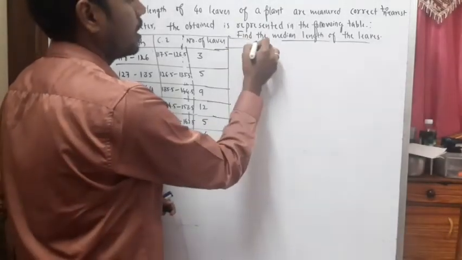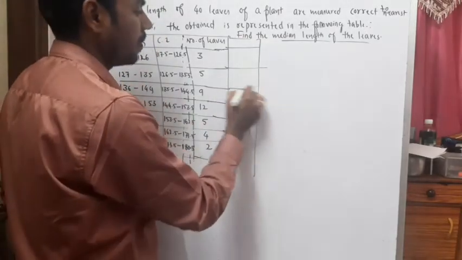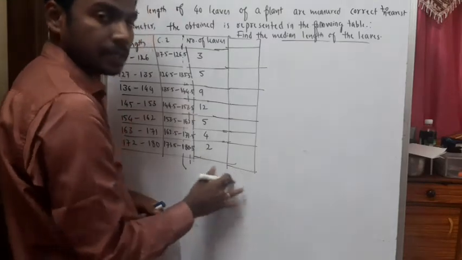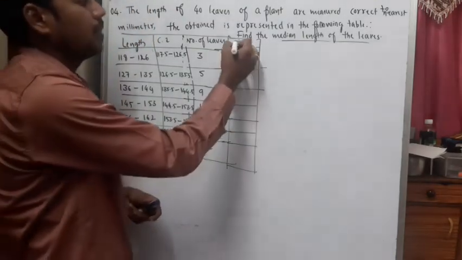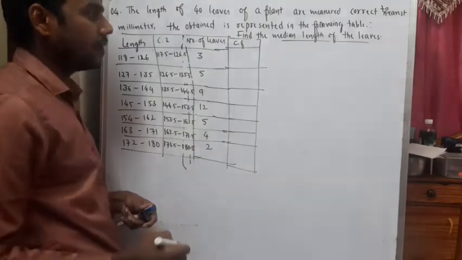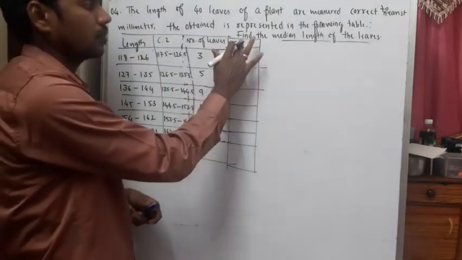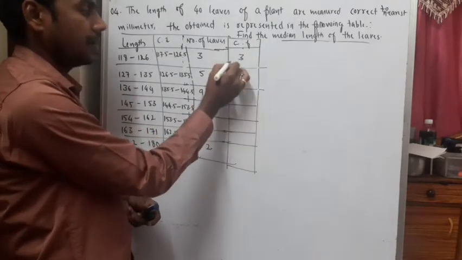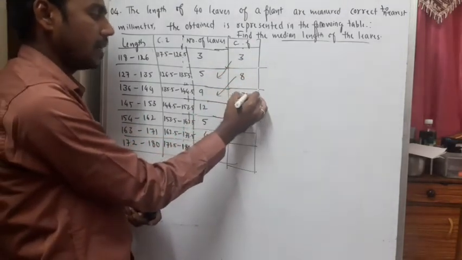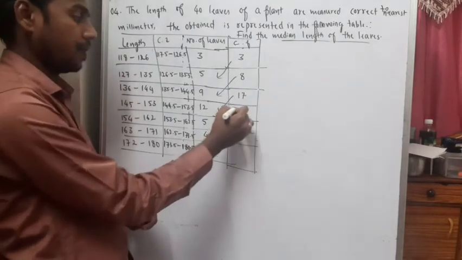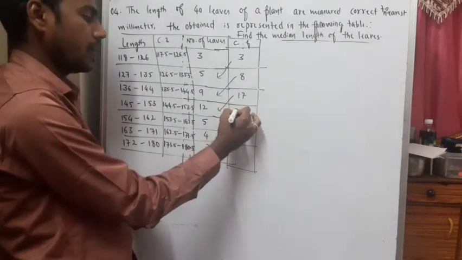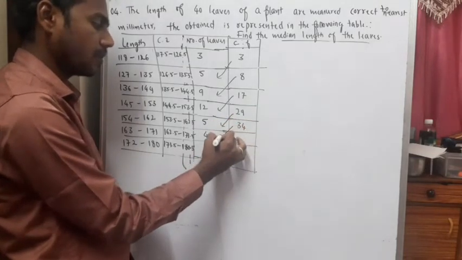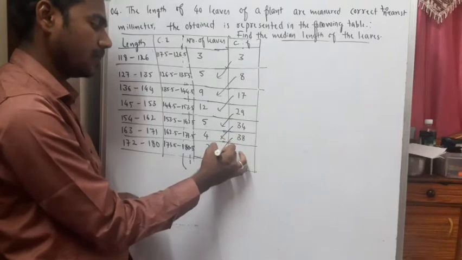Next, what we need to do is write down the cumulative frequency. How do we obtain it? By successive addition. So the cumulative frequency, CF: 3 as it is, 3 plus 5 is 8, 8 plus 9 is 17, 17 plus 12 is 29, 29 plus 5 is 34, 34 plus 4 is 38, 38 plus 2 is 40.